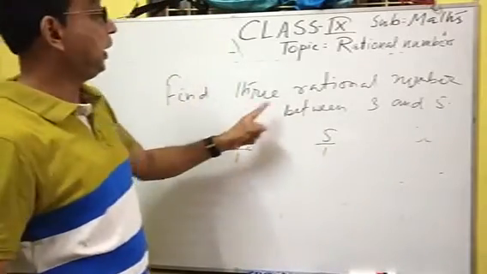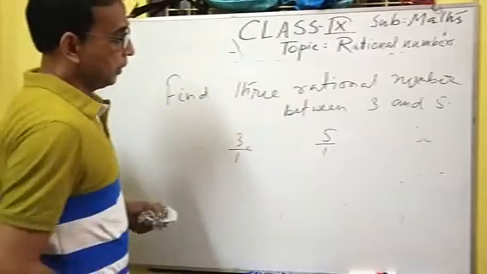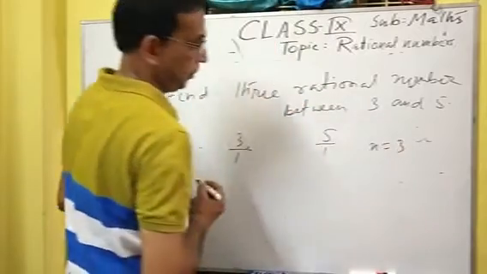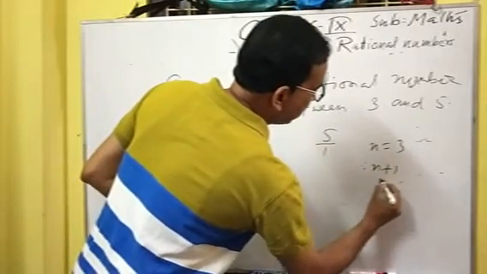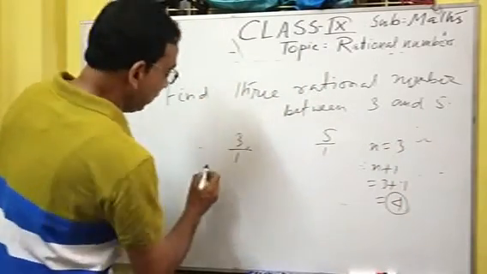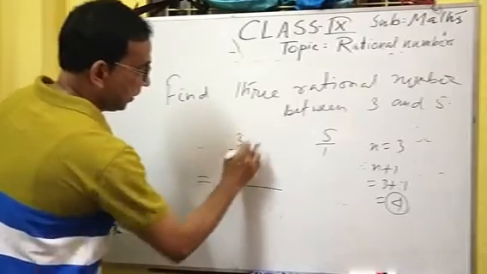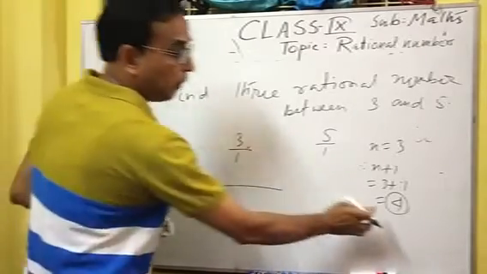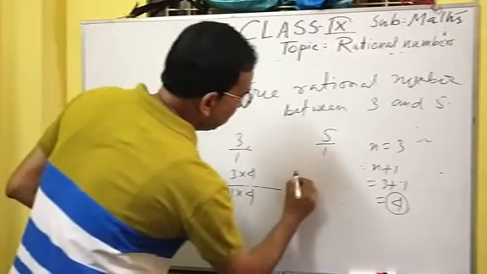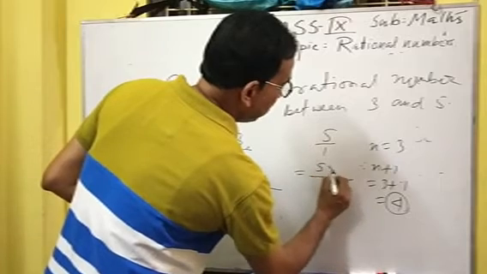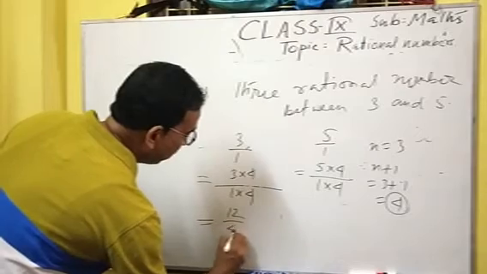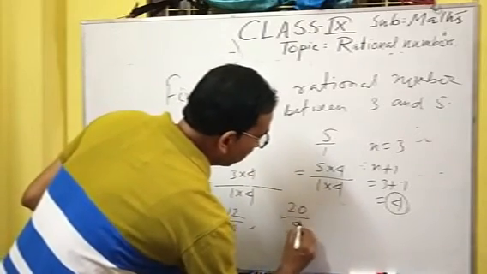You have to find three rational numbers. Here n is equal to 3, so n plus 1 is equal to 3 plus 1, which is 4. Now we have to multiply both the numerator and denominator by 4. 3 into 4, 1 into 4. Similarly, 5 into 4, 1 into 4. So 12 by 4, 20 by 4.